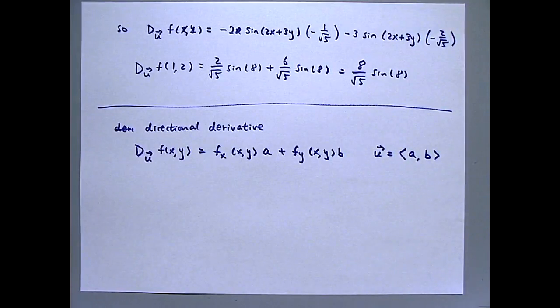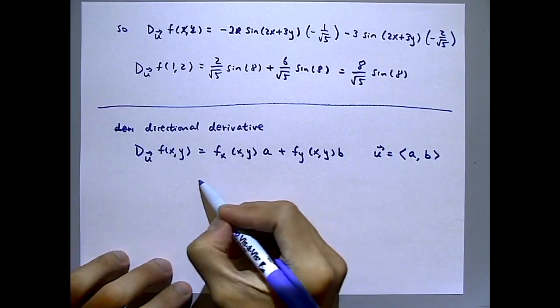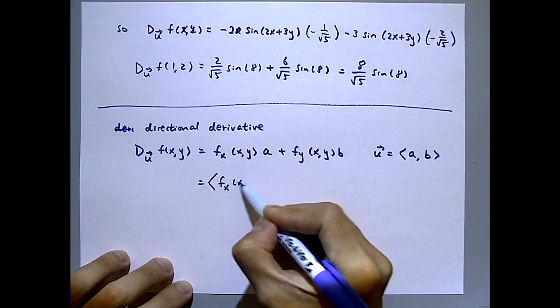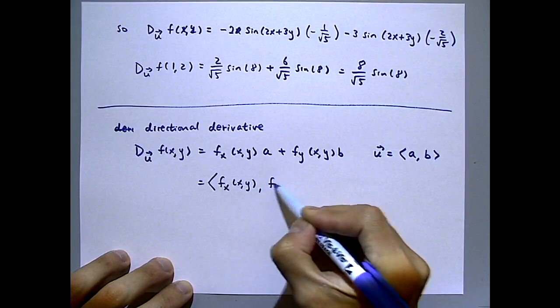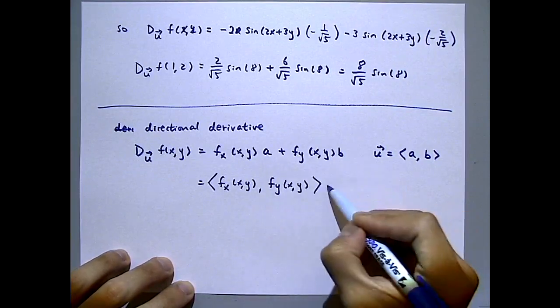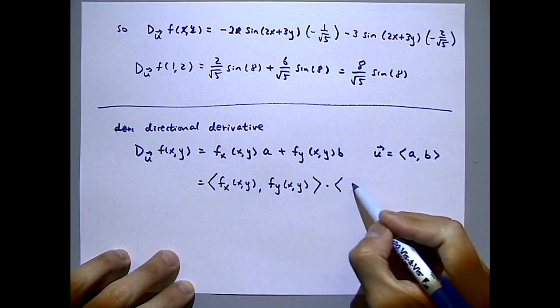Now notice I could rewrite this formula in a different way. I can rewrite this as a dot product of two vectors. The first vector is simply the partial derivatives, dotted with a unit vector (a, b).